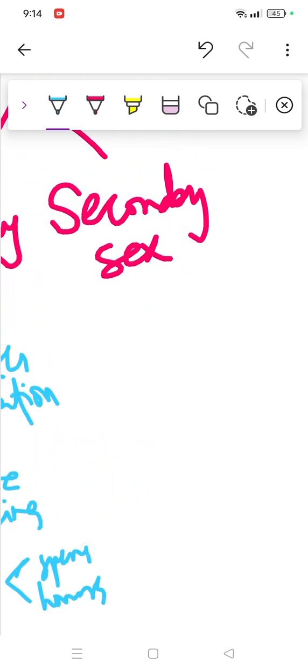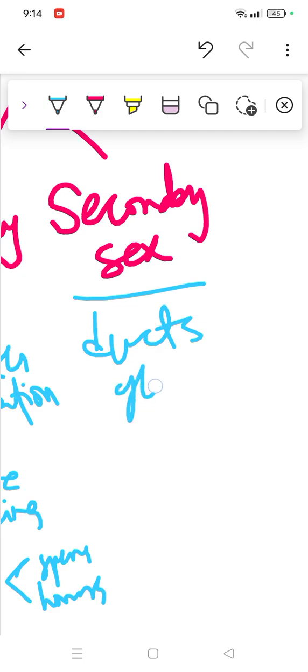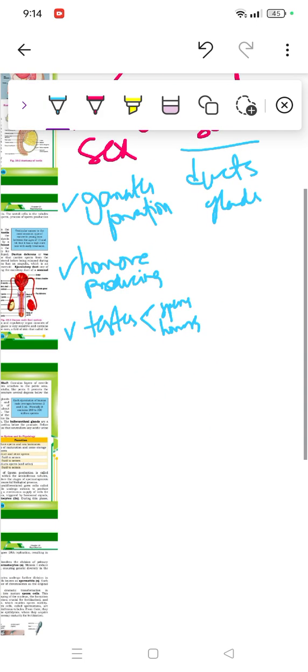And in the secondary, all other ducts, which are less important, and all other glands. So I'm sure it's clear to you.